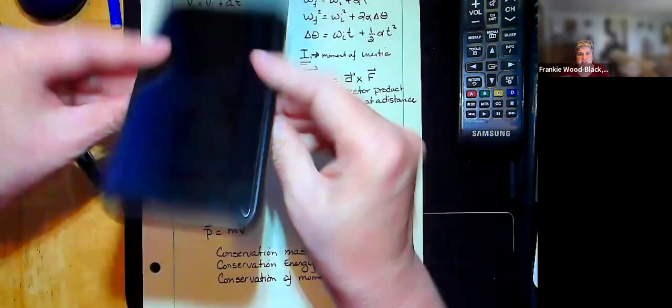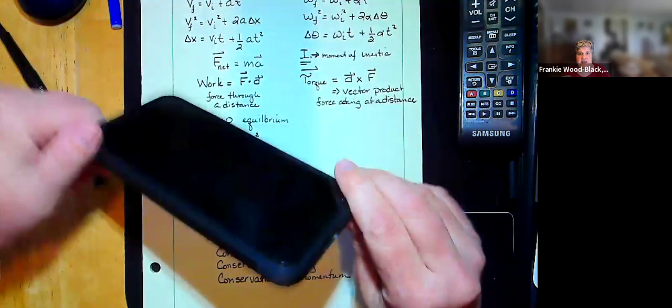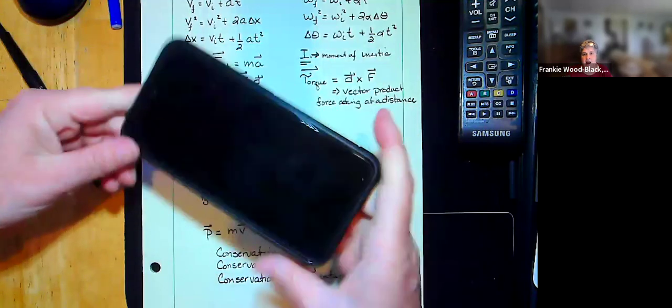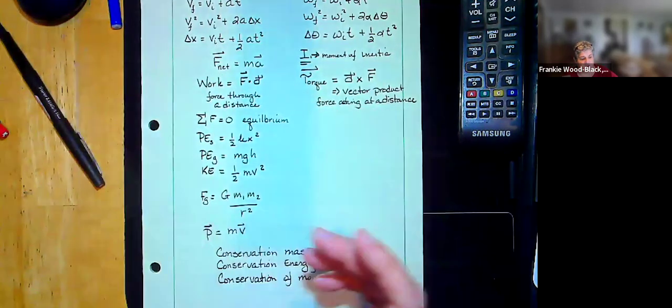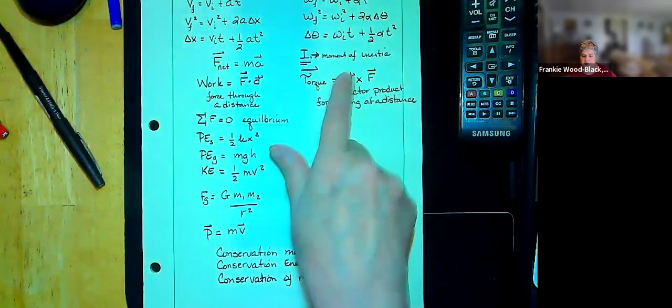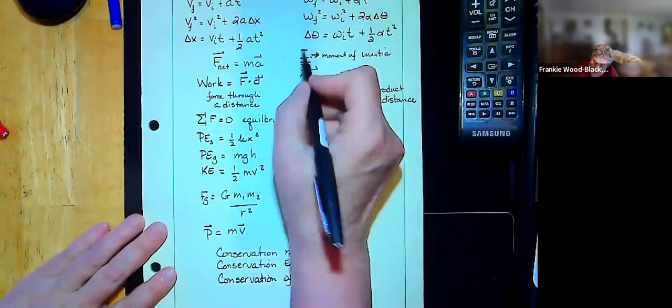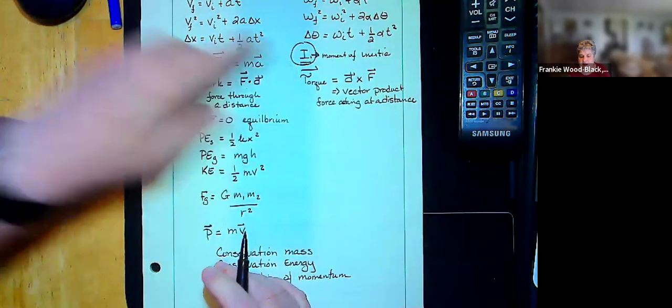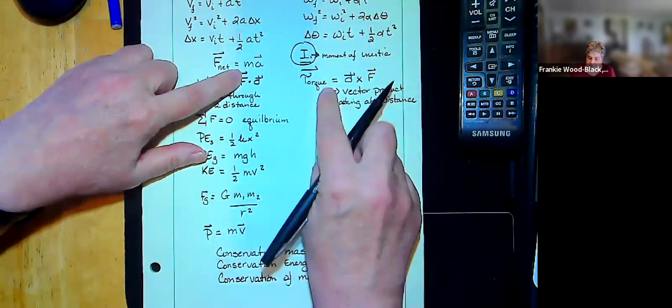So I have all kinds of different axes here that cause things to spin differently. And how my object is going to behave is going to be different based on that moment of inertia. So moment of inertia is really going to act like our mass.